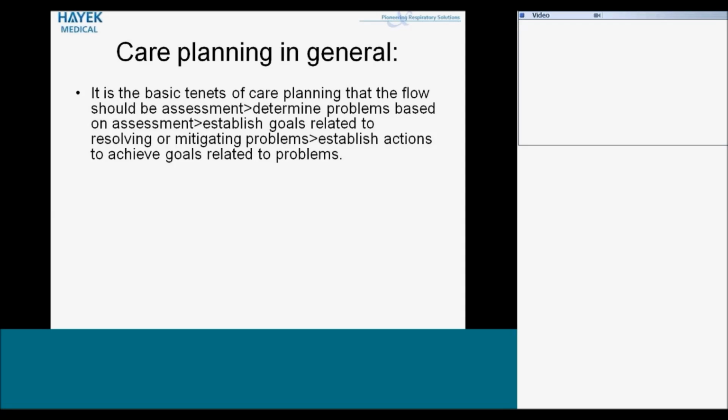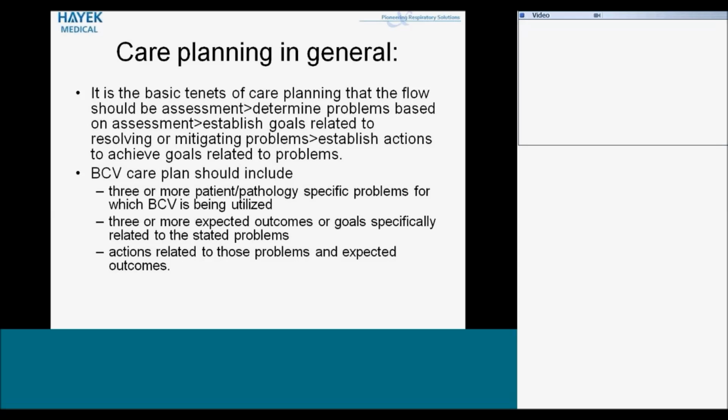Okay, and just to touch briefly on care plan in general, the flow should be assessment. From the assessment, we determine the patient's problems based on that assessment. We establish goals related to resolving or mitigating those problems, and then establish actions to achieve those goals related to the problem. That's care plan basics.